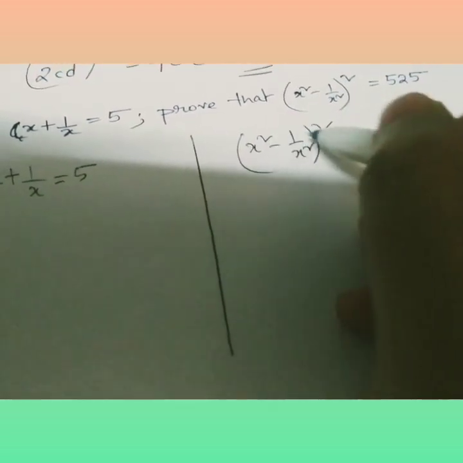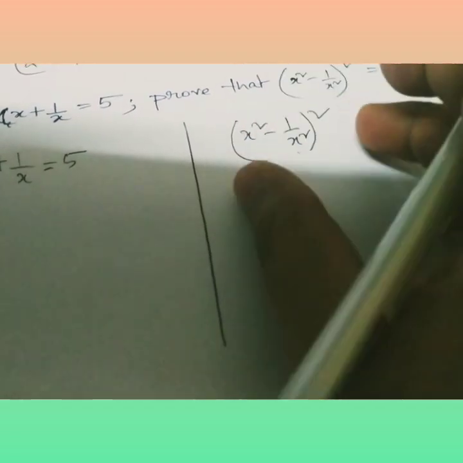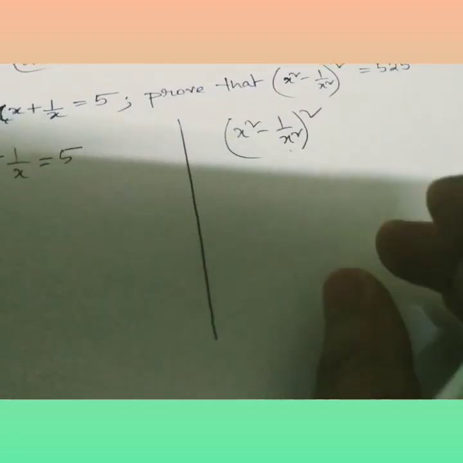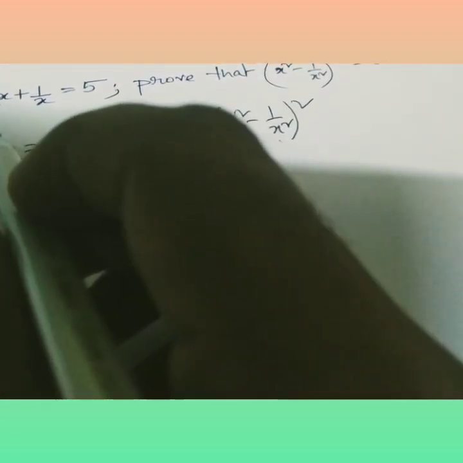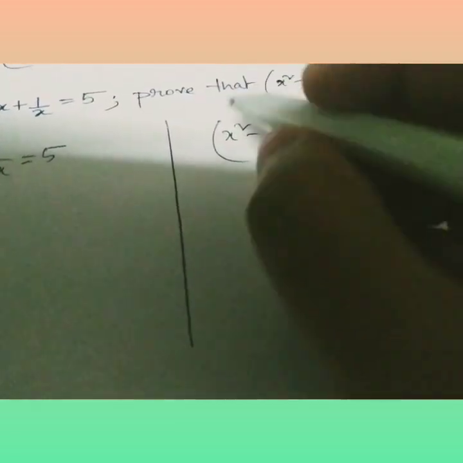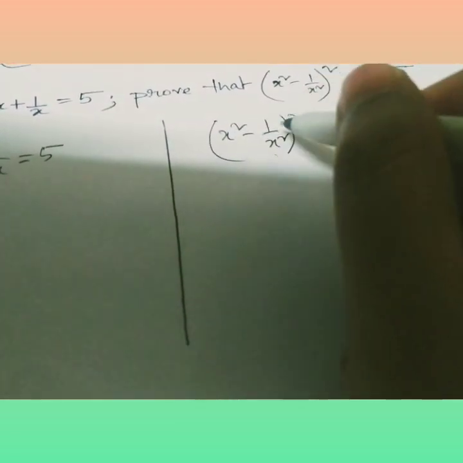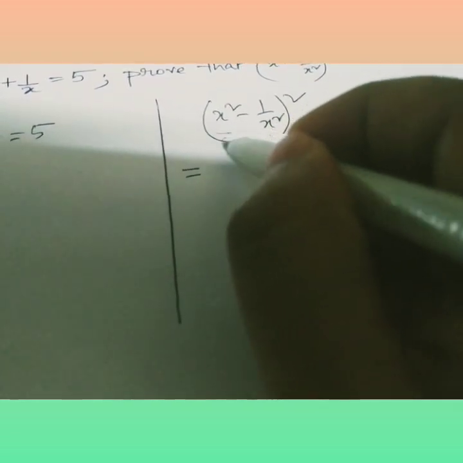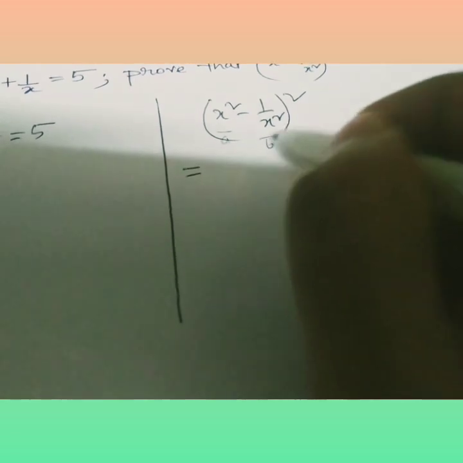So I'll try to rather simplify this so that we can get an even number, let's say if x plus 1 by x can be converted to that particular number. Let's try to convert this. Okay. So (x square minus 1 by x square) whole square can be written as, let's say this is a and 1 by x square is b. So (a minus b) whole square is equal to what?